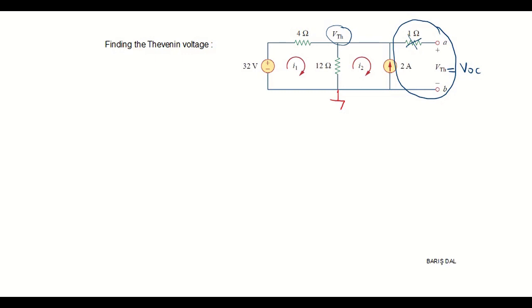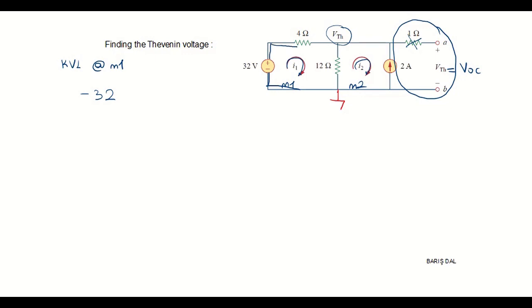Both meshes are chosen to be in the clockwise direction, but you can choose counterclockwise. Let's call them mesh 1 and mesh 2. If we apply KVL at mesh 1, we follow this path and we come to the 32 volt source with a minus sign, so we write minus 32. Then we keep going and we come to the 4 ohm.